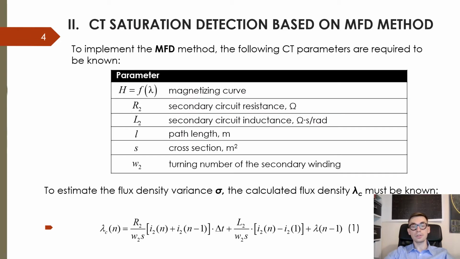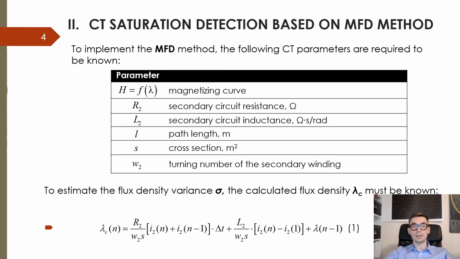First of all, it's necessary to calculate the flux density value using the following expression presented at the bottom part of the slide. To implement this calculation and the magnetic flux density method considered in the paper, it's necessary to know the following parameters of the current transformer.